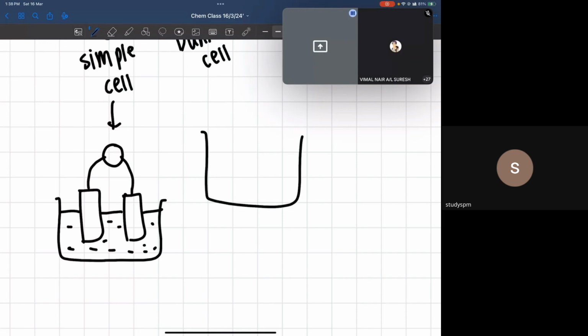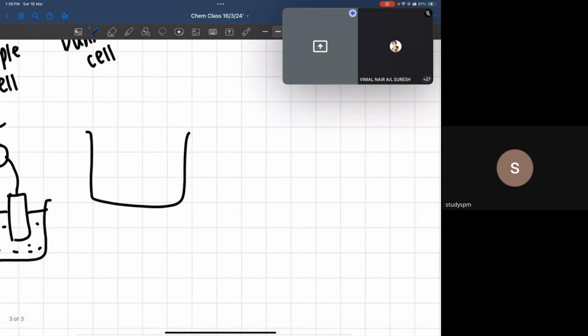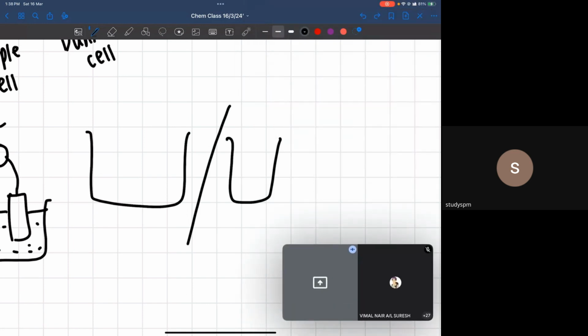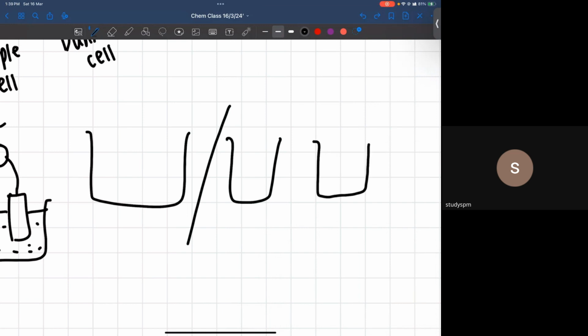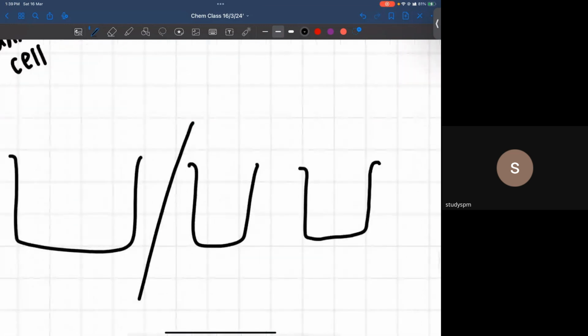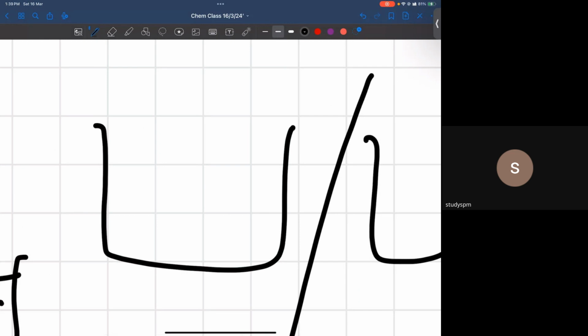You have two types you can draw, this one or this one. Sorry for the bad drawing. There must be a porous pot. The porous pot has the same function as the salt bridge.